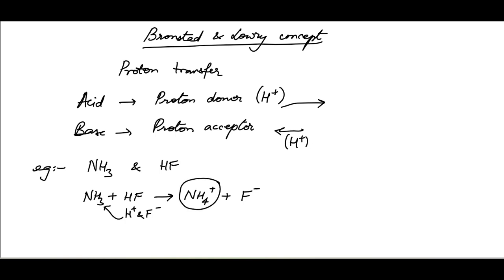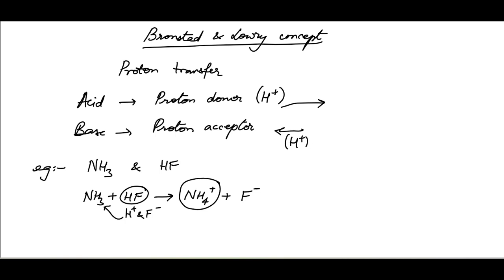So ammonia can be considered a base. Correct. And similarly hydrogen fluoride is giving away the proton, so hydrogen fluoride is an acid. The best part is we are not treating this as dissolving in water. We have not written water anywhere. There is no role of a solvent here.